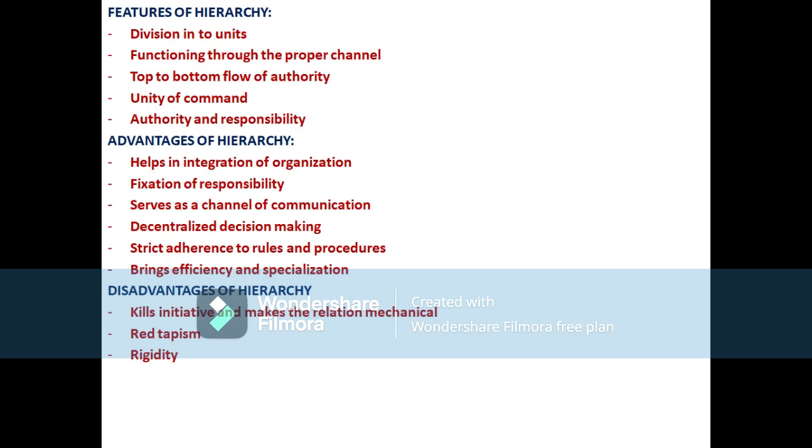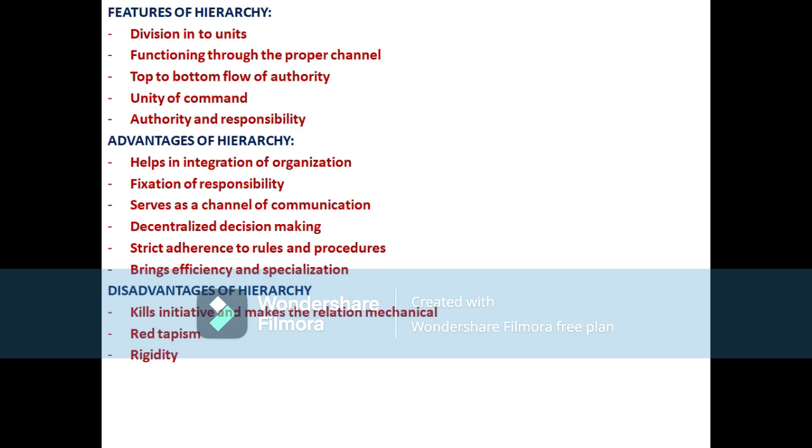Top to bottom flow of authority means that from each and every level the authority flows. Authority means power. Without the required authority, the superior or the manager may not perform fully. He cannot use his full powers on the subordinates in order to get work done by them.